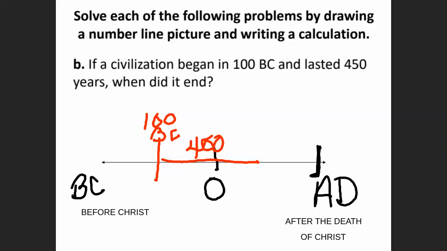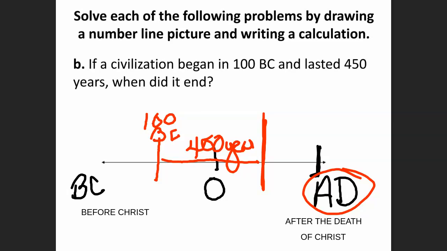450 years. Notice we're crossing the 0 mark, and we're ending in the AD time period. Well, the calculation is written based upon BC and AD. This 100 is a negative 100. Before Christ is negative.